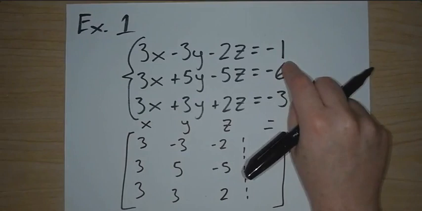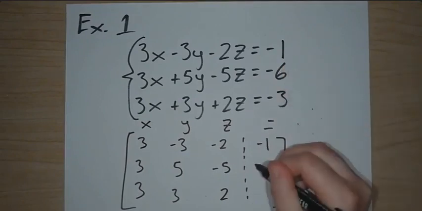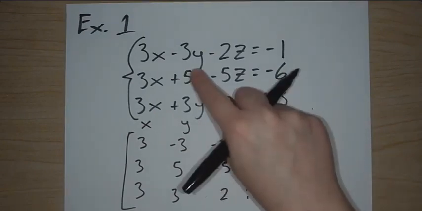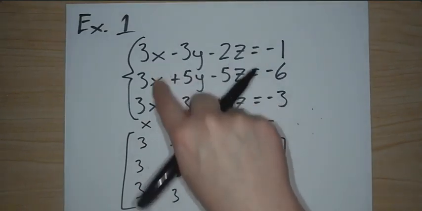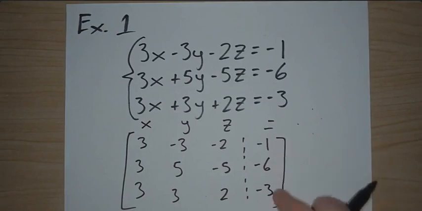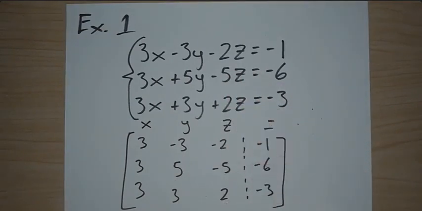And for our equal signs, we have a negative 1 on the right side, a negative 6, and a negative 3. These have to all be in order in terms of what they are multiplied by. So this is all the x columns, the y columns, the z columns, and the right-hand side column. If these are not in order beforehand, you need to order them.